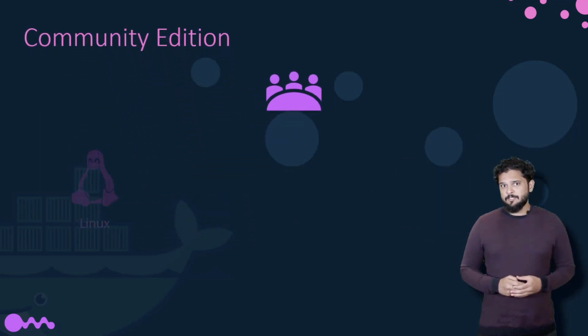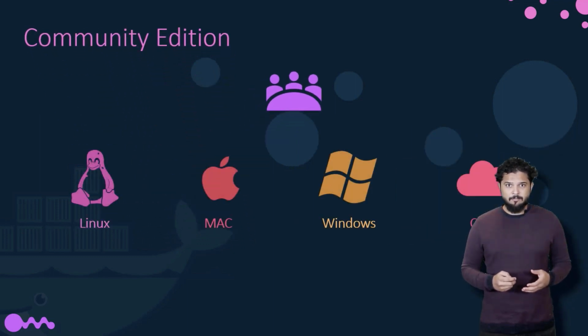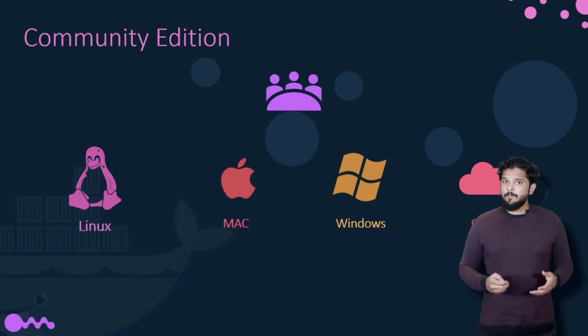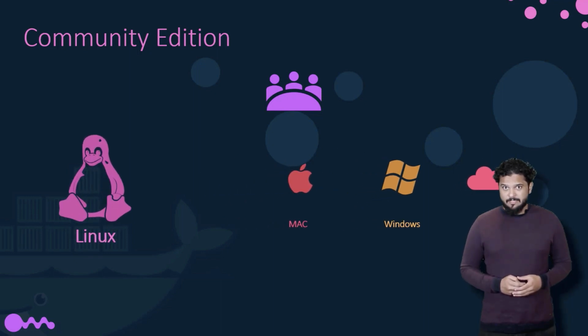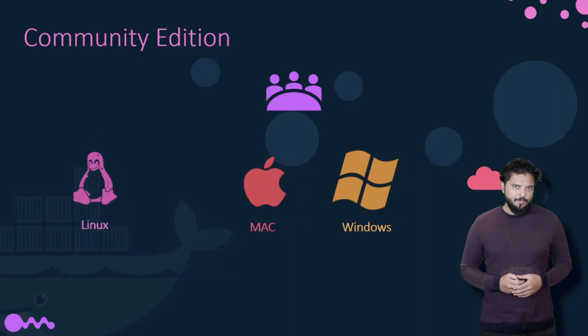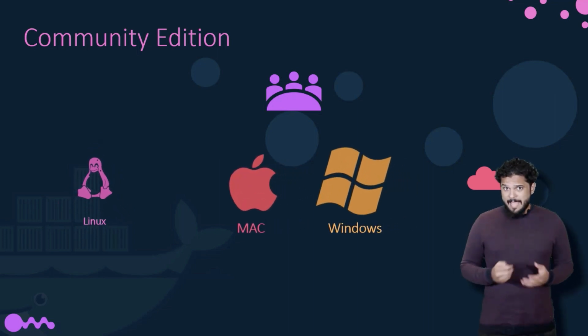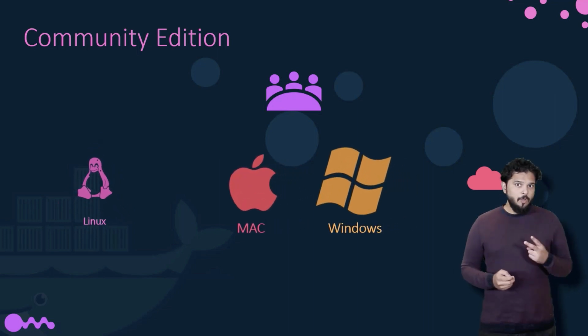The Community Edition is available on Linux, Mac, Windows, or on cloud platforms like AWS or Azure. In the upcoming demo, we will take a look at how to install and get started with Docker on a Linux system. Now, if you are on Mac or Windows, you have two options.